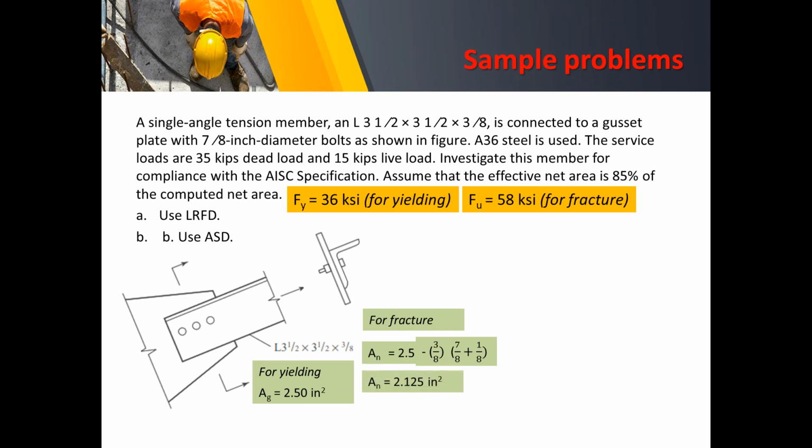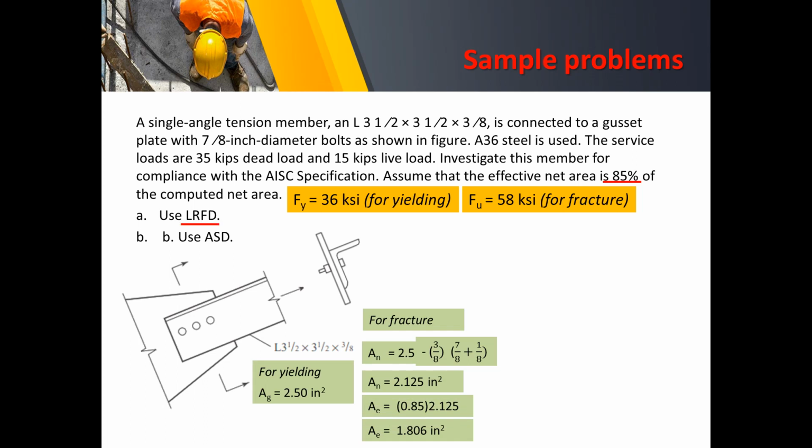Therefore the net area will be equal to 2.125. Hence, the effective net area, according to the problem, is 85% of the computed net area. So 85% of 2.125 yields 1.806 square inches.